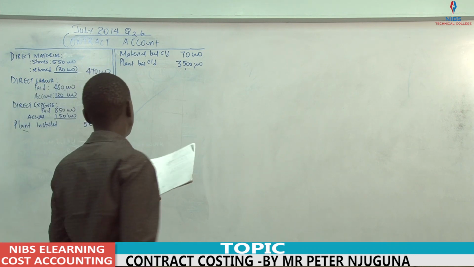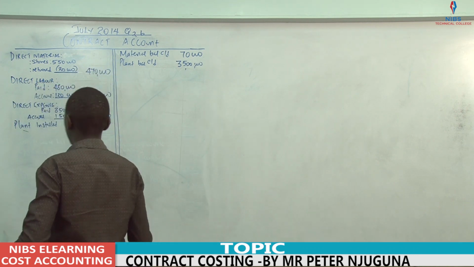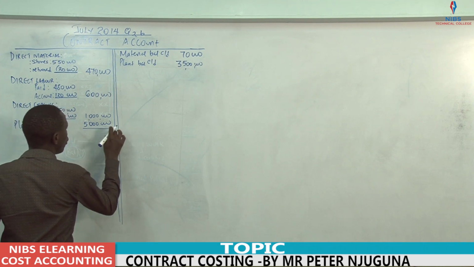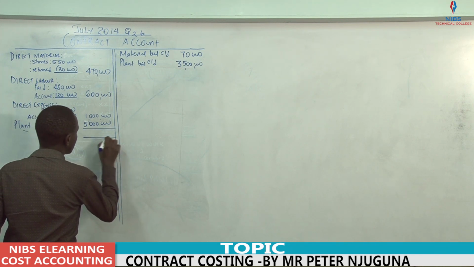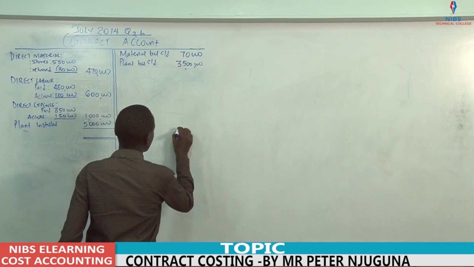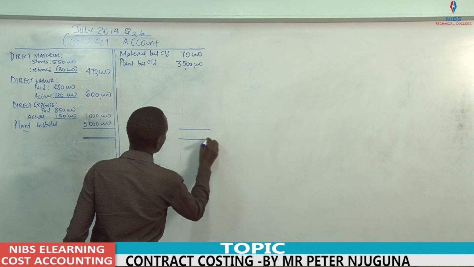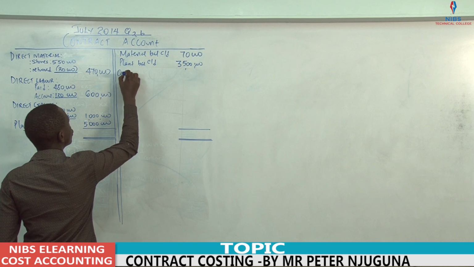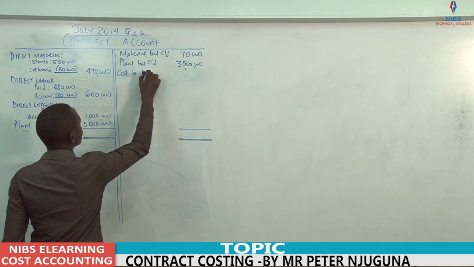So up to that point, I told you now we balance off the contract account. After you have dealt with all expenses, you just balance off the contract account. And our balancing figure will be cost to date.